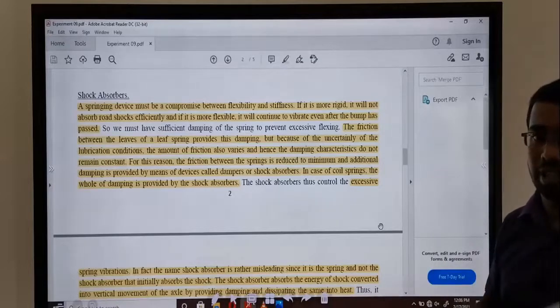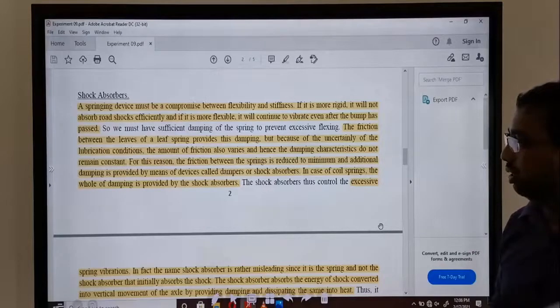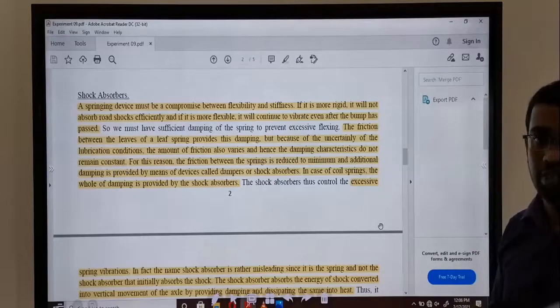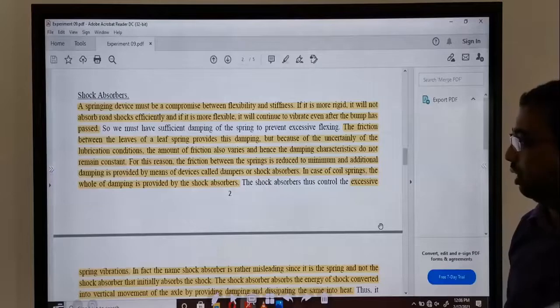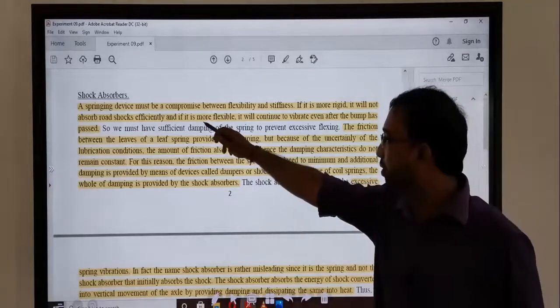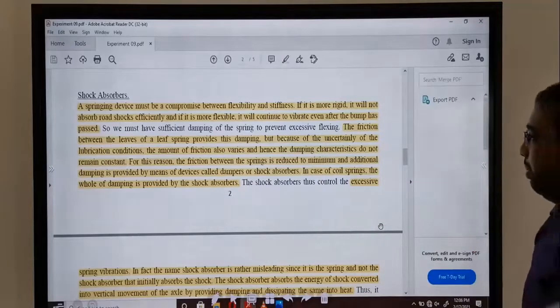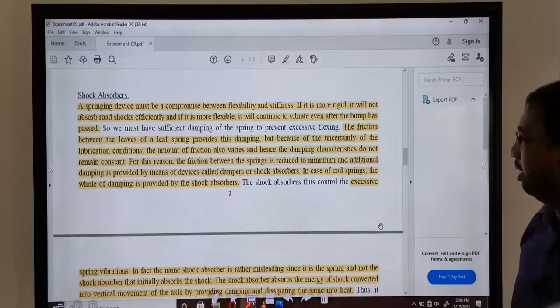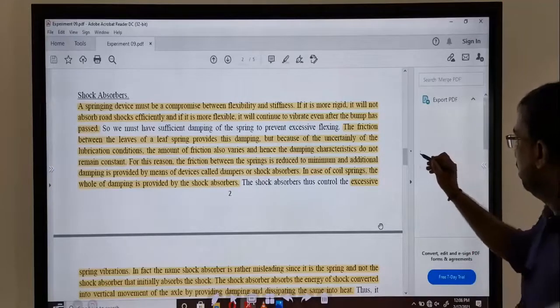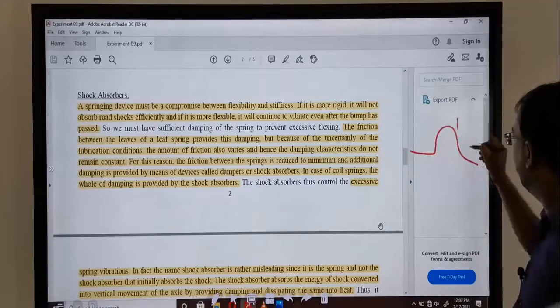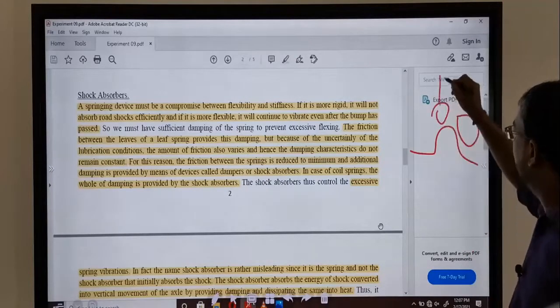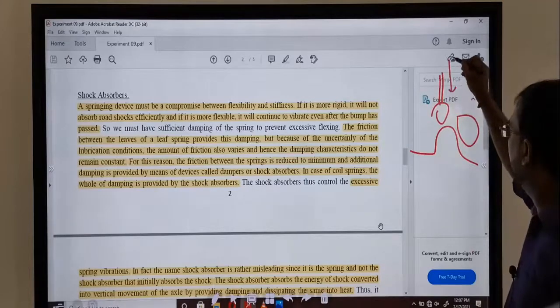So the passenger can feel the vibrations. But if it is more flexible, it will continue to vibrate even after the bump has passed. For example, a vehicle passes through a bump, and the spring works up and down.